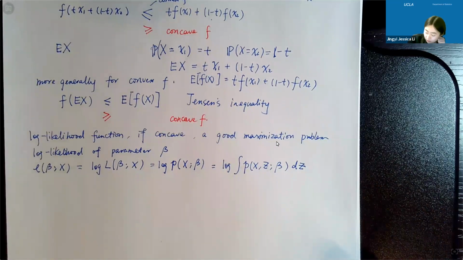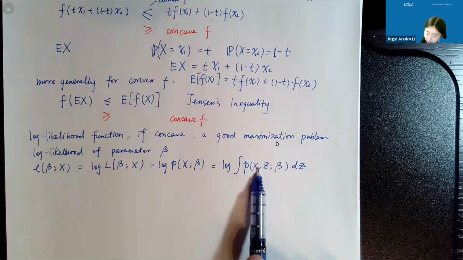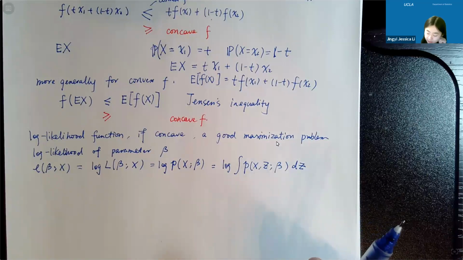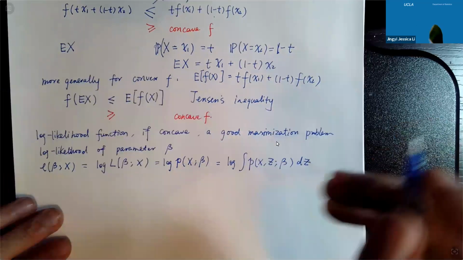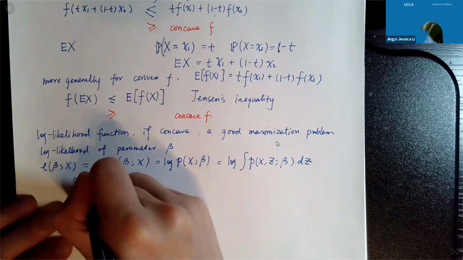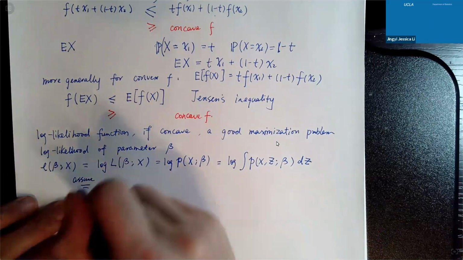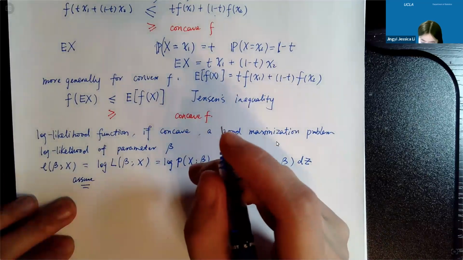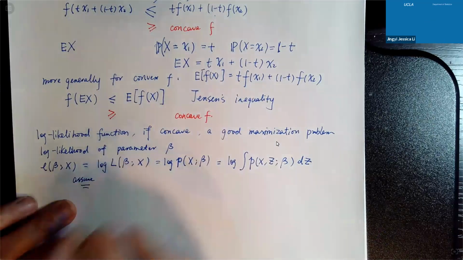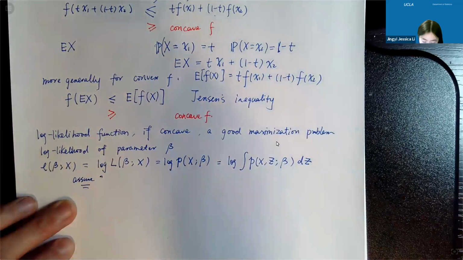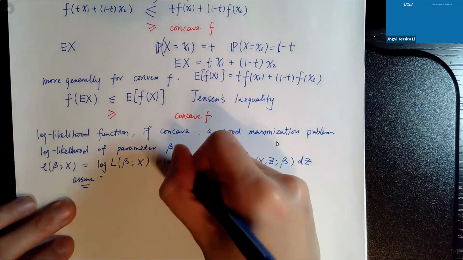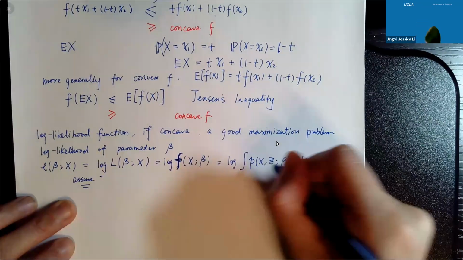Furthermore, we can write this term in terms of some distribution of Z. I'm going to use f as the joint probability density.